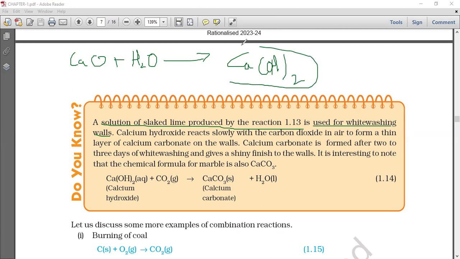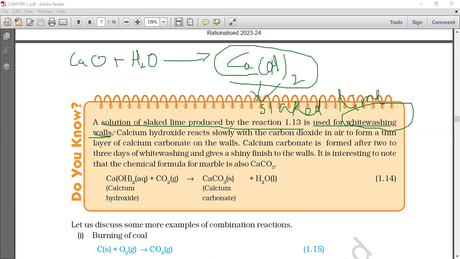This calcium hydroxide is also known as slaked lime. It looks like a paint because we are adding water here. We use it for whitewashing, as a paint on the walls.